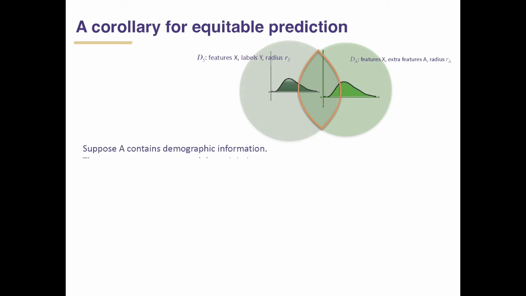Okay. So if we suppose A contains demographic information, we show that this is also an optimization you can solve. We can compute a model which minimizes some kind of global loss, think of it as log loss, minus some kind of penalty for how different the loss is on the different populations, which are defined by the demographic information we captured on the second data set.